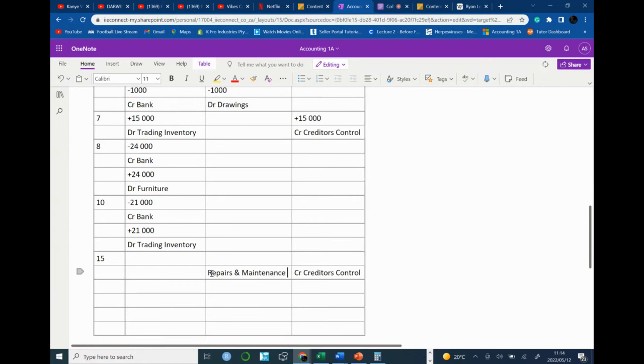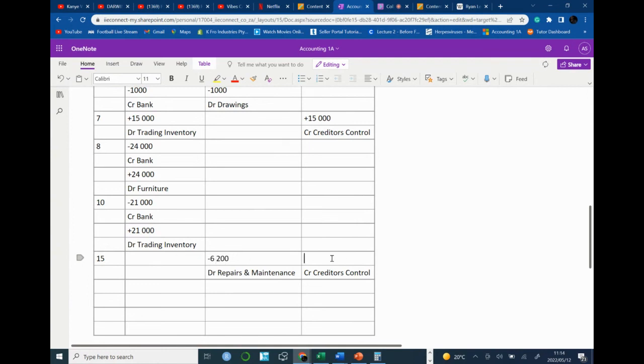This will obviously be debiting. Remember, repairs and maintenance is an expense. That was for 6,200, so negative 6,200, and here you're going to have a positive 6,200. Cool, that was the 15th.